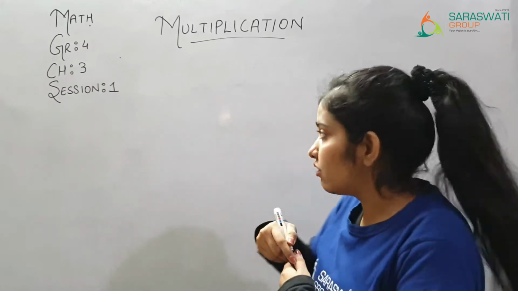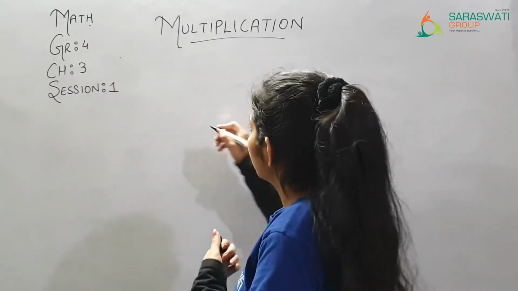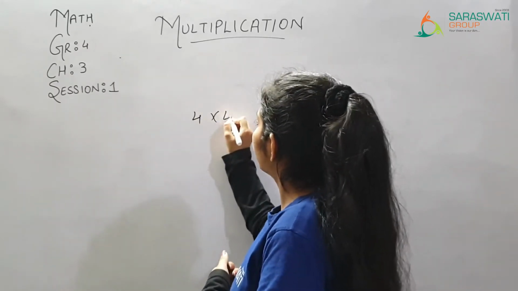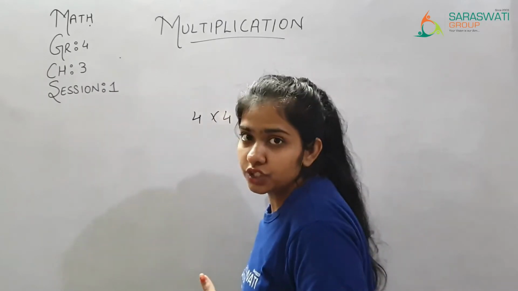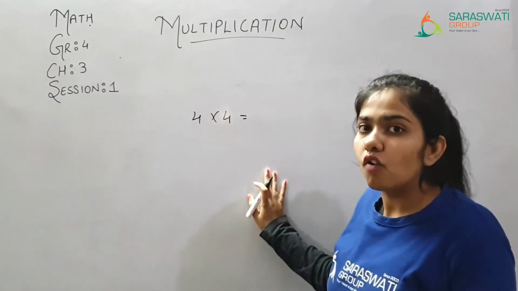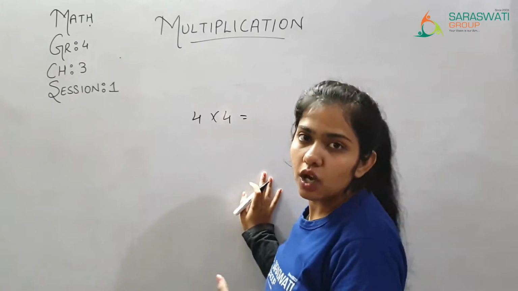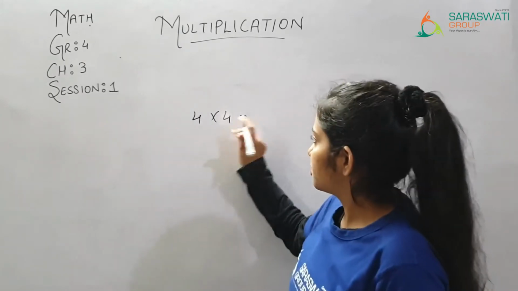For example, 4 into 4, 4 fours are how much? If you know the table of 4, then you can easily say that 4 fours are 16.